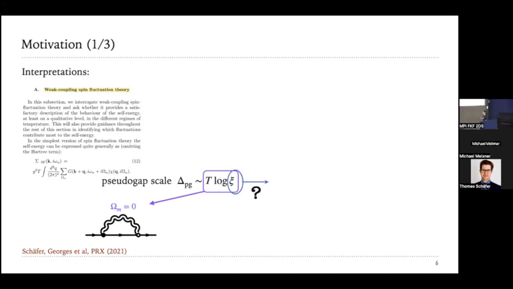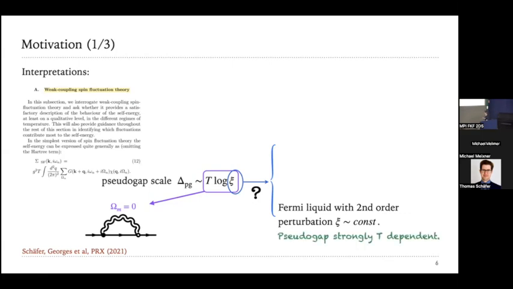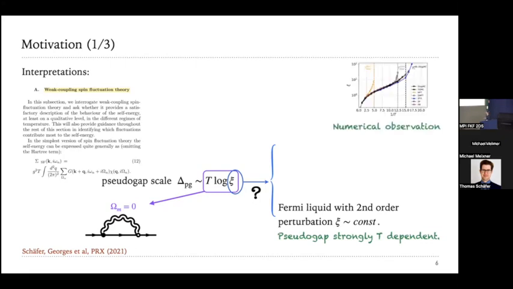To understand how this pseudogap scale depends on temperature, one needs to understand how the correlation length depends on temperature. As we are working on a one-loop theory, one might think that within one loop, one can compute the spin correlation length ξ and find that it's temperature independent. As a result, the pseudogap scale should be strongly temperature dependent.